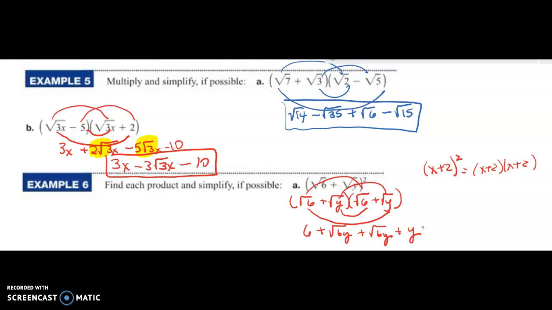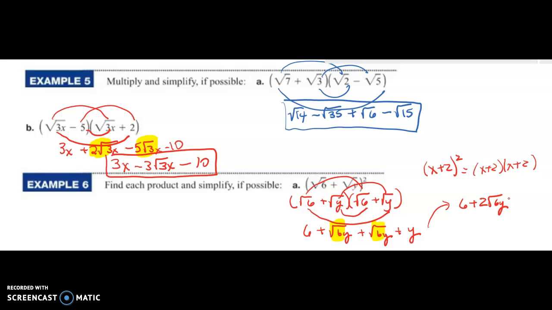Now I look at the situation. Can I simplify the radicals? Can I combine like terms? I cannot simplify the 6y, but I can combine these two together. But be careful. It's tempting to want to make it 12y, but it's not. We have one of these terms plus one of those terms. So when I show my work up here since I'm out of space, I'm going to say 6 doesn't combine with anybody, then one of those plus one of those makes two of those terms.